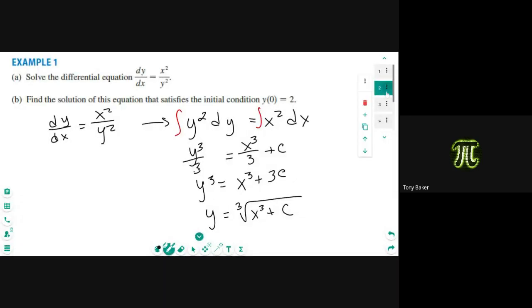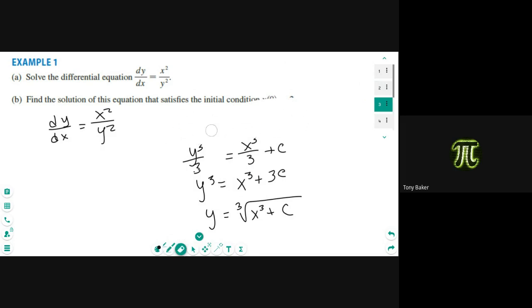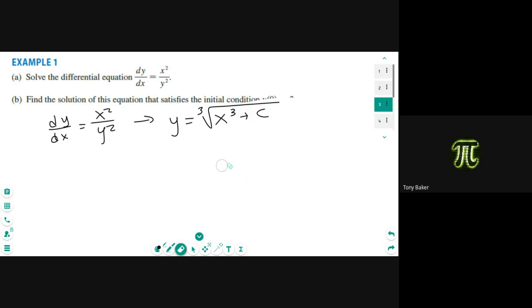The second part of this problem gives you c. So this goes to y equals the cube root of x to the third plus c. And I have to remember they actually allow you to erase on this screen.